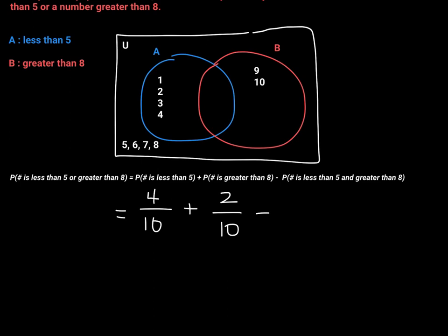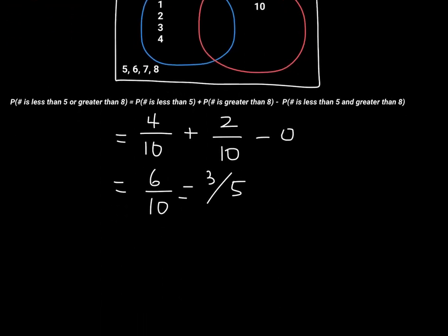That's 0. There are no numbers that are less than 5 and greater than 8 at the same time. So then this is 6/10, which simplifies to 3/5. So our conclusion is the probability of selecting a number less than 5 or greater than 8 is 3/5. All right, very good.